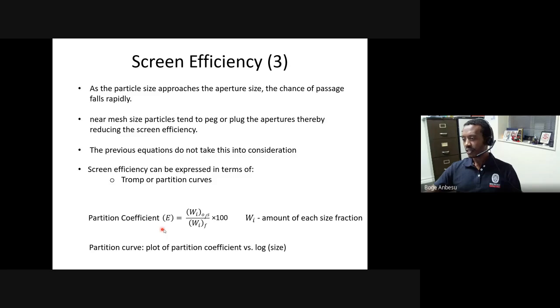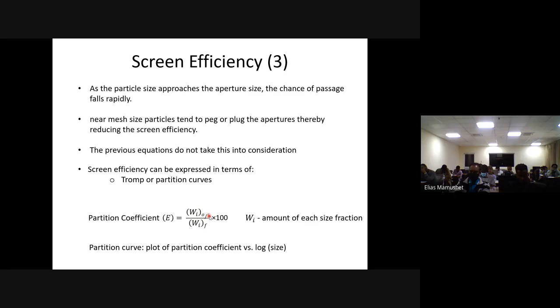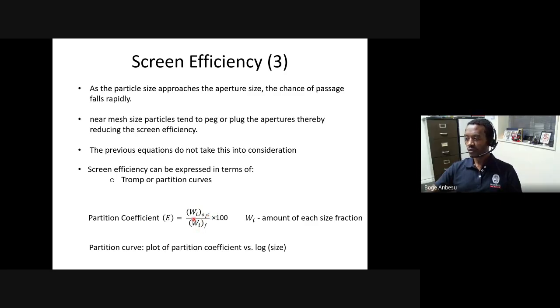And what it says is the partition coefficient can be obtained by working out the fraction of any given size in the oversize to the fraction of any given size in the feed multiplied by 100.